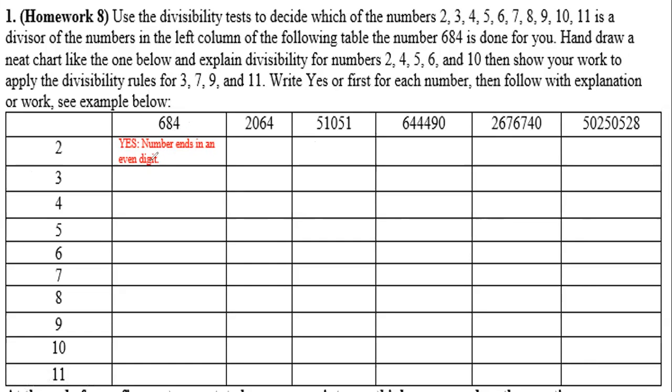So for 684, 6 plus 8 is 14, plus 4 is 18. If you don't know that 18 is divisible by 3, you can go one more step: 1 plus 8 is 9, and 9 is divisible by 3. So 684 is divisible by 3.